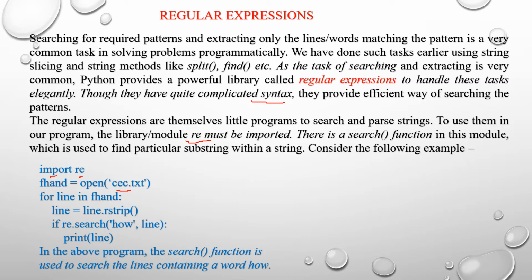Here I declare a for loop, where line is my loop variable, and I am calling the file f. After that I am using the rstrip function, which returns the string without trailing space.